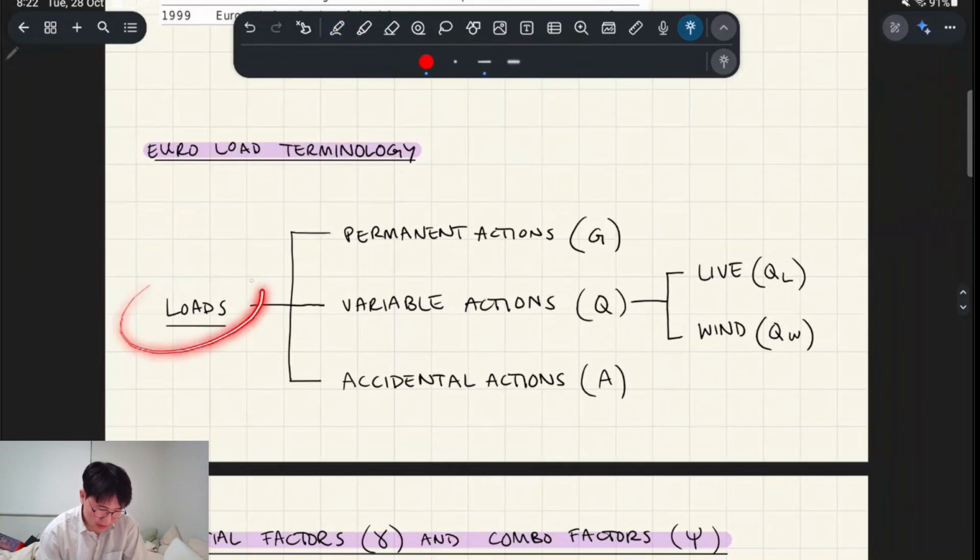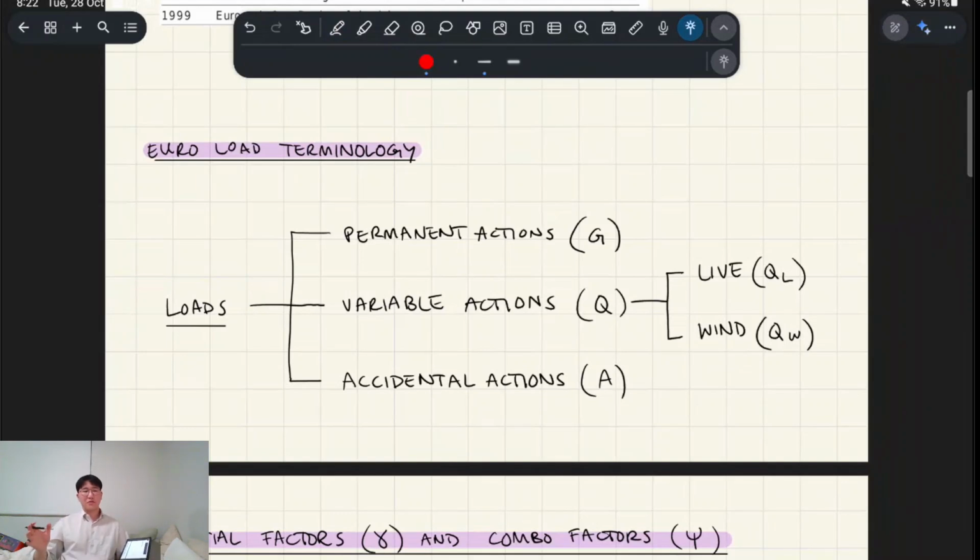You've got your loads, and they're split into three broad categories. You've got your permanent actions, so that's dead load, like self weight and stuff. You've got variable actions, which is split into two subcategories: your live load and your wind load, which is also variable.